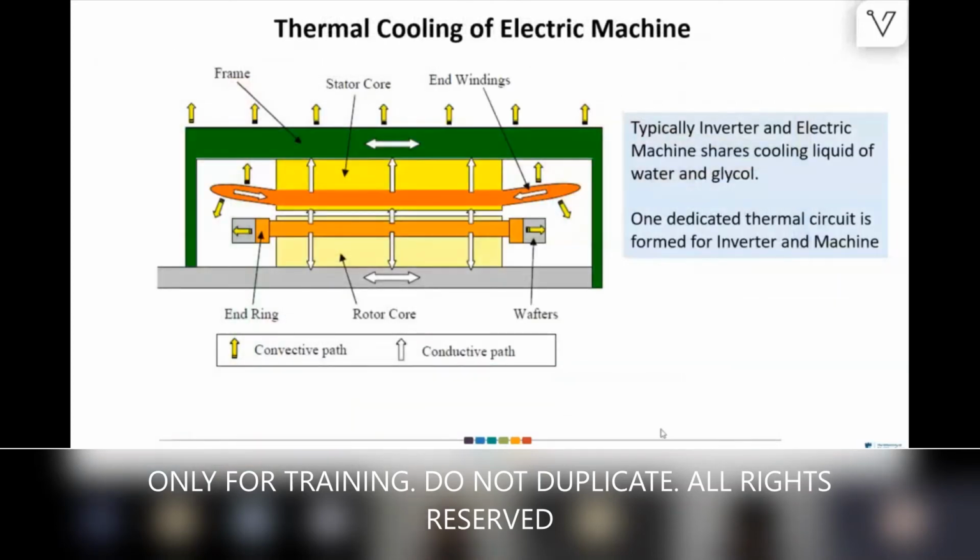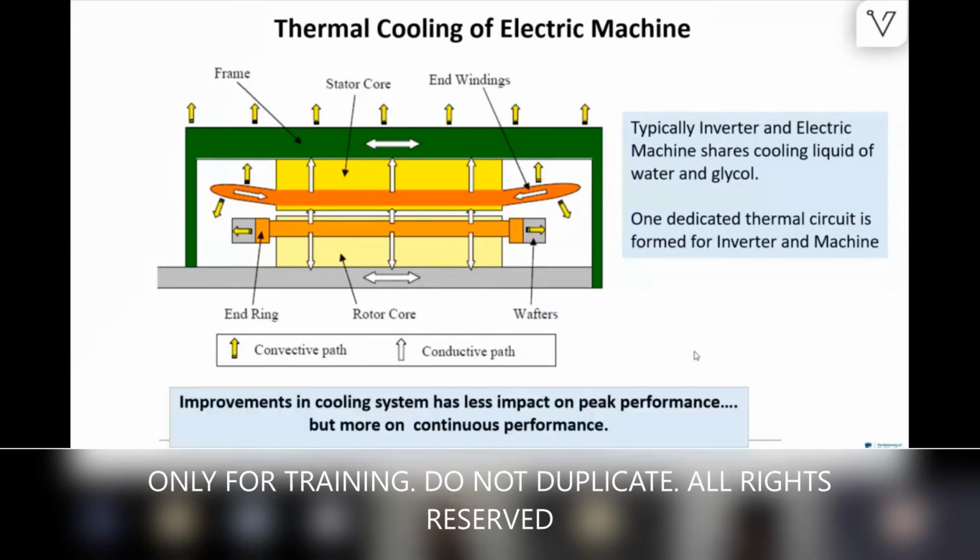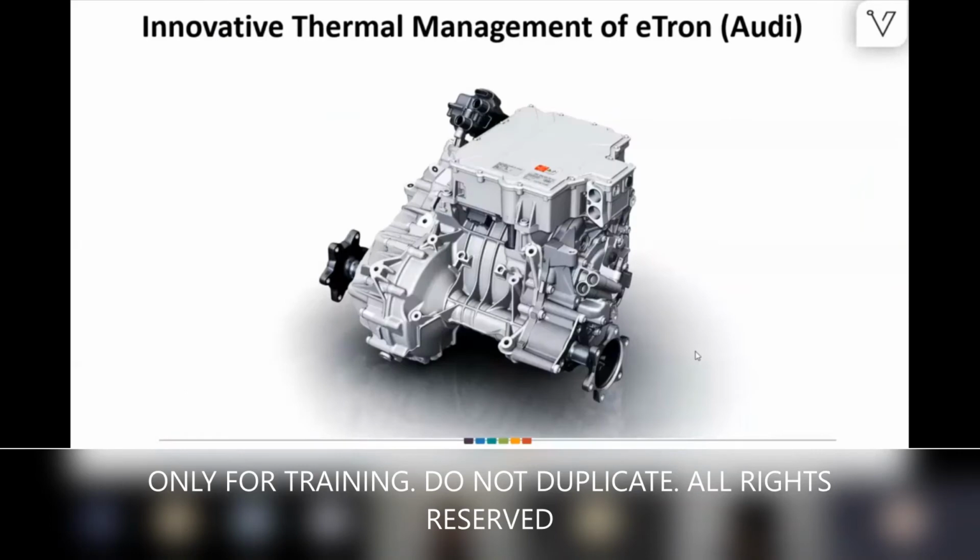Coming to the cooling. The cooling is very important, and the end winding, you can see, is something critical that you have to cool. And these are the cooling channels around it. I will just show you one specific video from Audi.